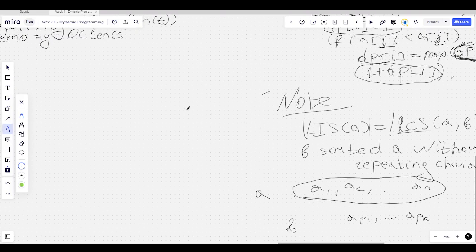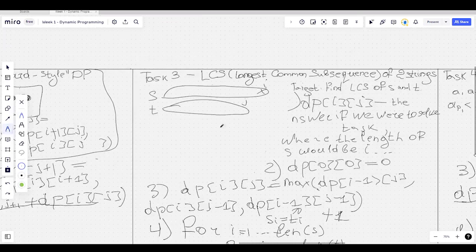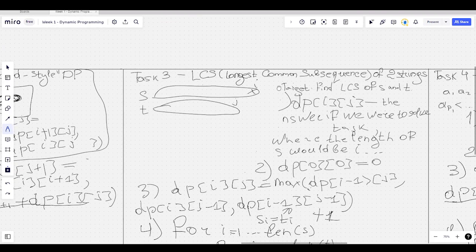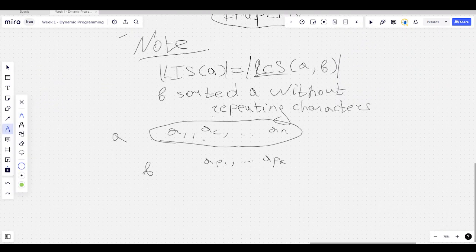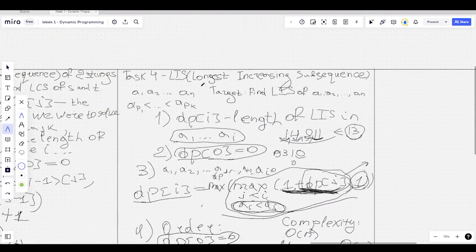So this solves the task of longest common subsequence, and the longest common subsequence that is increasing will be the longest increasing subsequence.